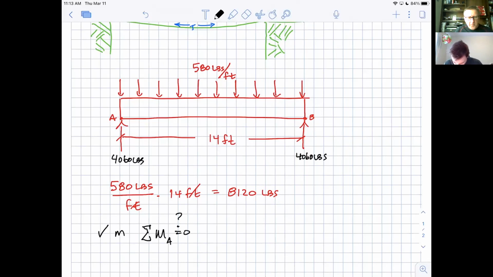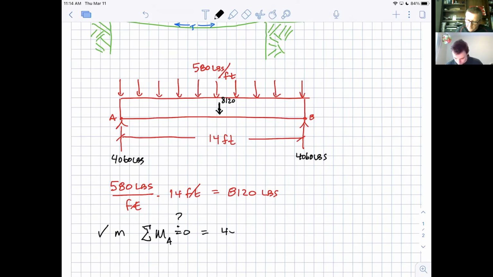Well, because of the topic we just dealt with recently, would you agree that the center of mass of this beam, we don't have to do much calculation for this, would actually be in the center. And so there is 8,120 pounds pushing down in the center of that beam. So we reduced the billion forces to just one force, and it would be in the middle. And so what do we have for the sum of the moments?